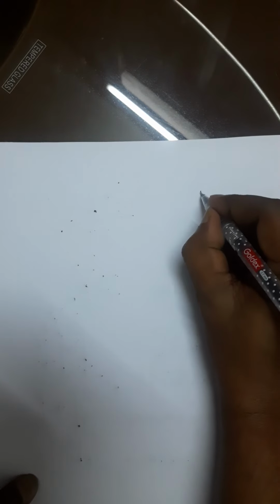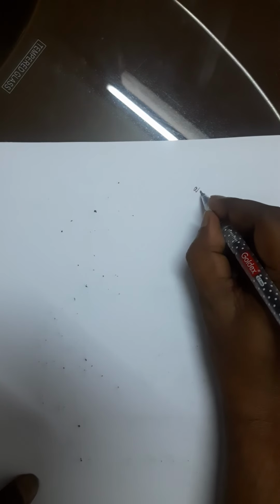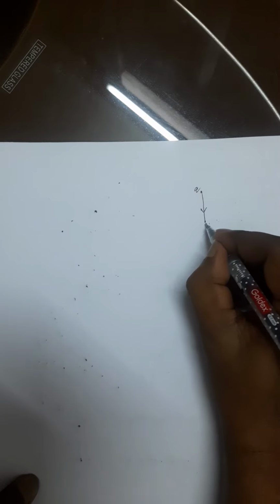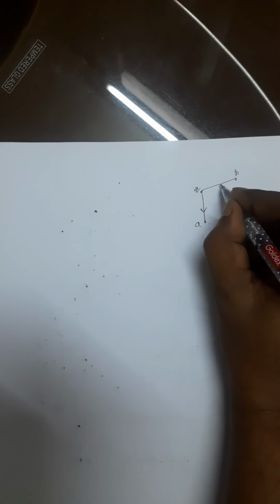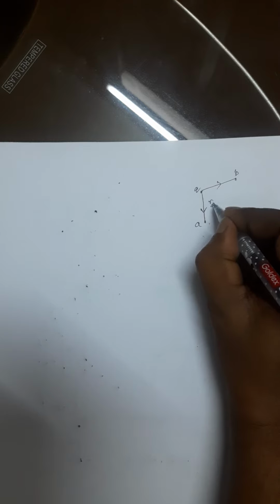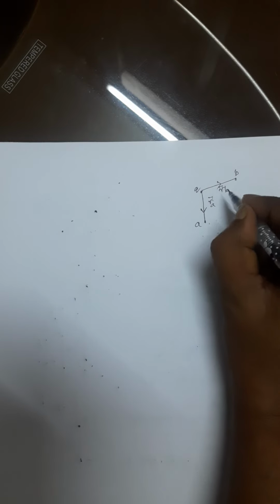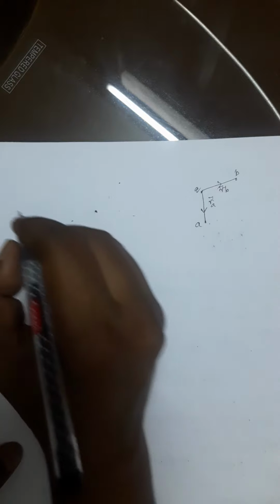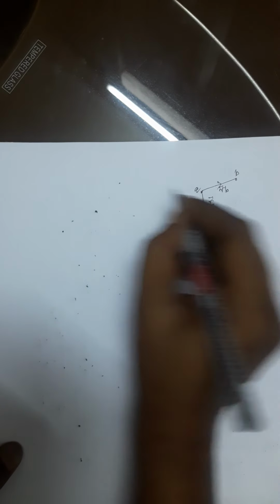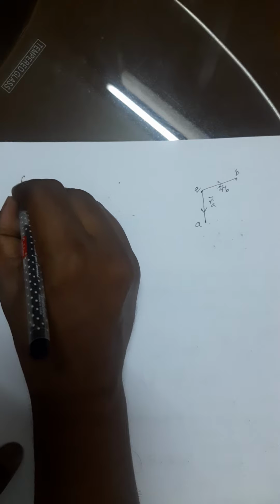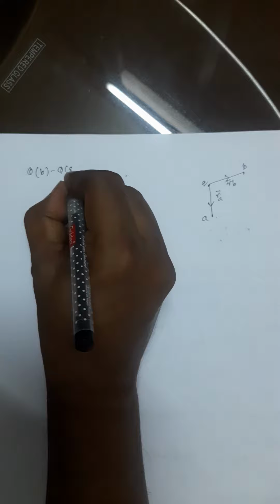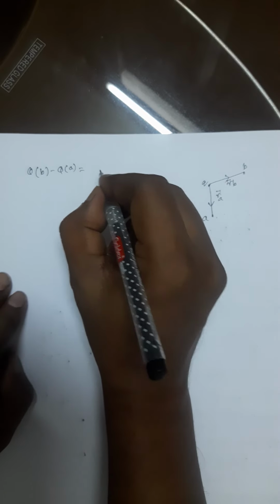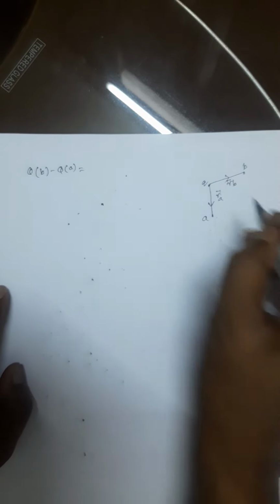Suppose here is our charge, and we consider, as we have earlier, this is the point A, and this is another point B. The coordinates are r_A and r_B, and the difference in the potential at these two points can be written as phi B minus phi A, according to the definition of the electric potential as we have earlier defined.